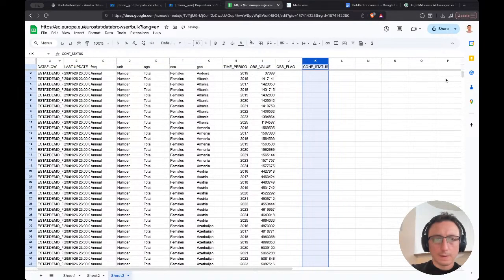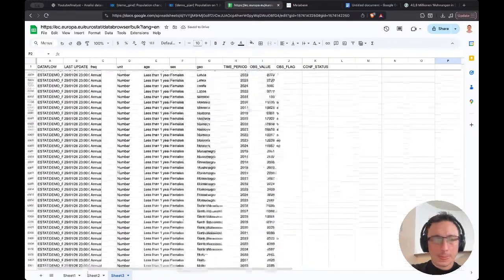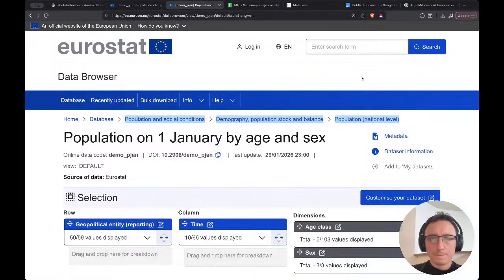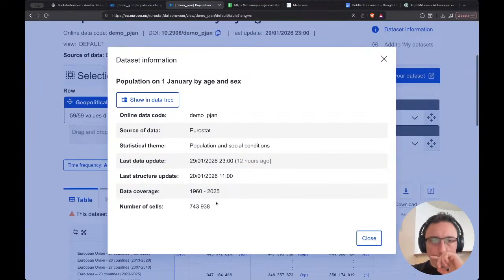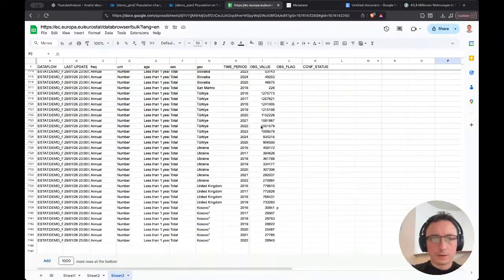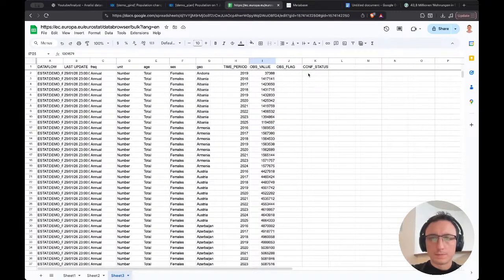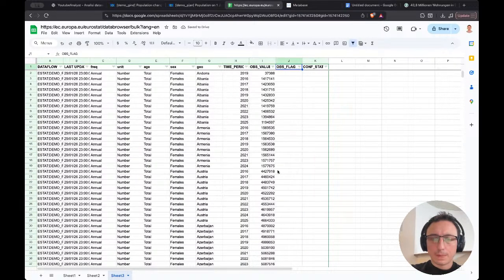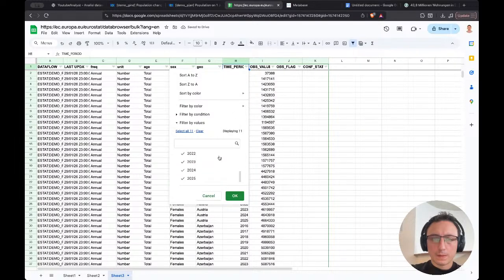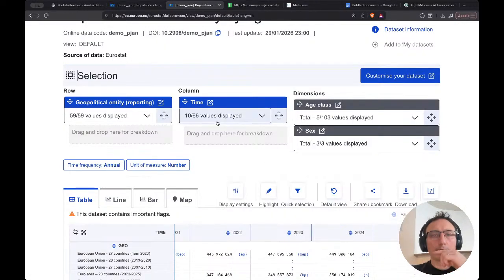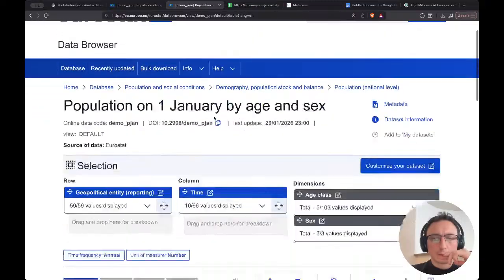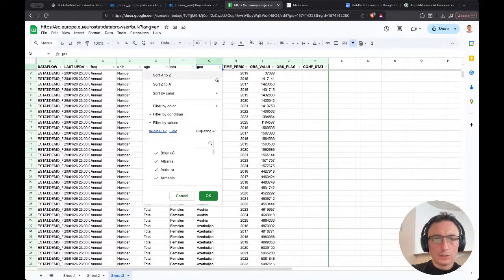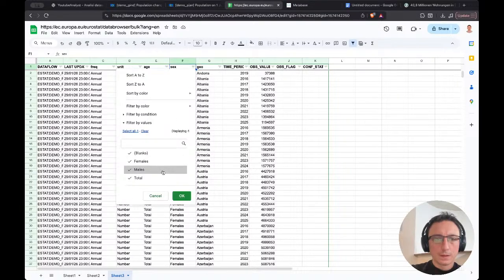is the data set. Okay, number of cells 700,000. So let's have a quick look. Geo, sex.